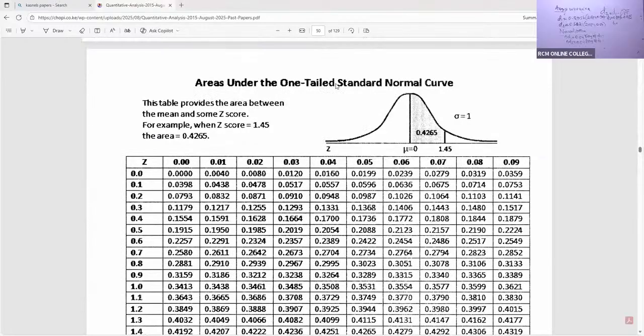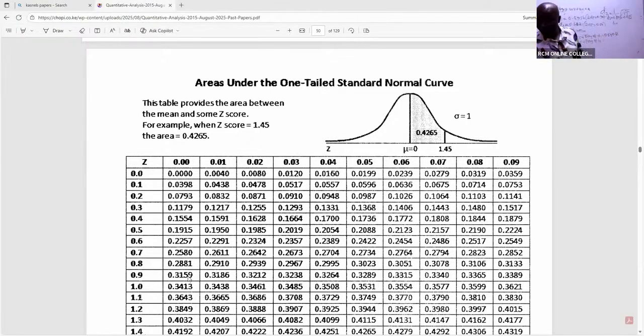Like there is this normal table, you can see it here. One tail, standard normal curve. So we start with D1. D1, ladies and gentlemen, is 0.90. So 0.90 is here. You can see the entry is 0.3159. So this will be 0.5 plus 0.31.